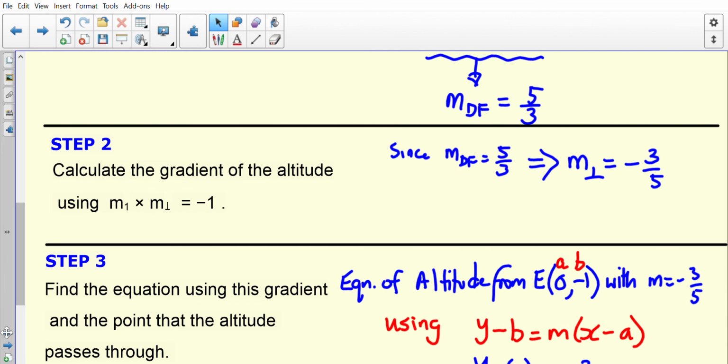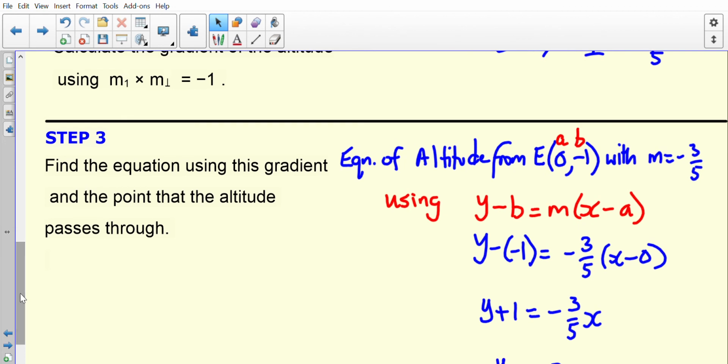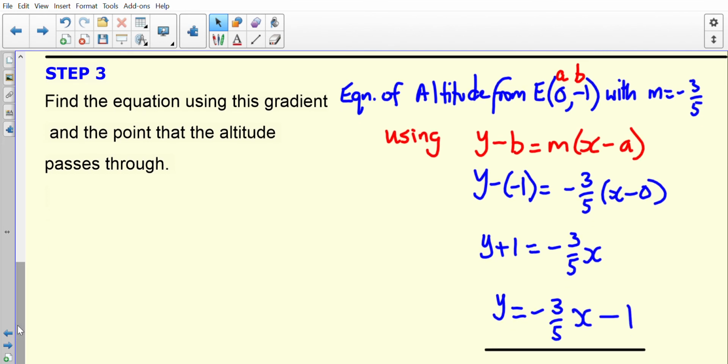Flipped upside down, change the sign. So you've now got a gradient of negative 3/5. You've now got a point (0, -1), subbing that in. You can work your way down, but once you rearrange it, you get y equals minus 3/5 x take away 1.